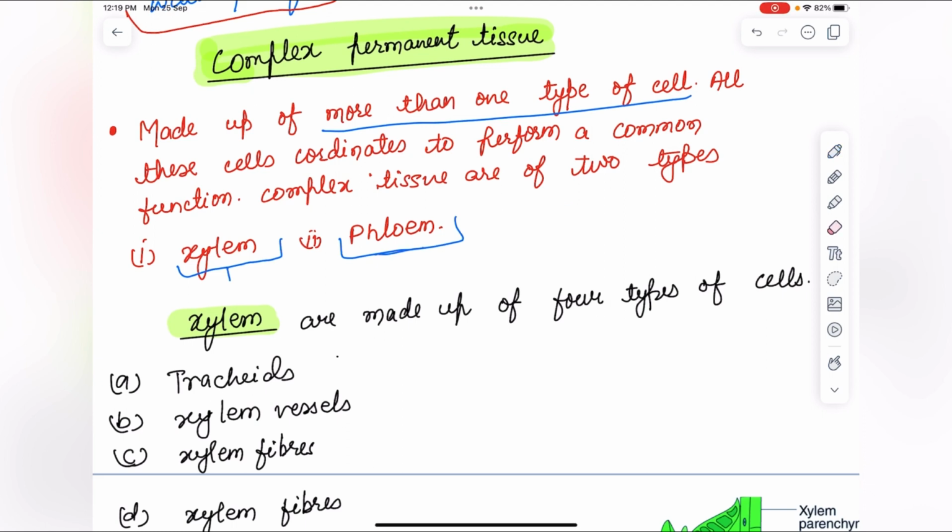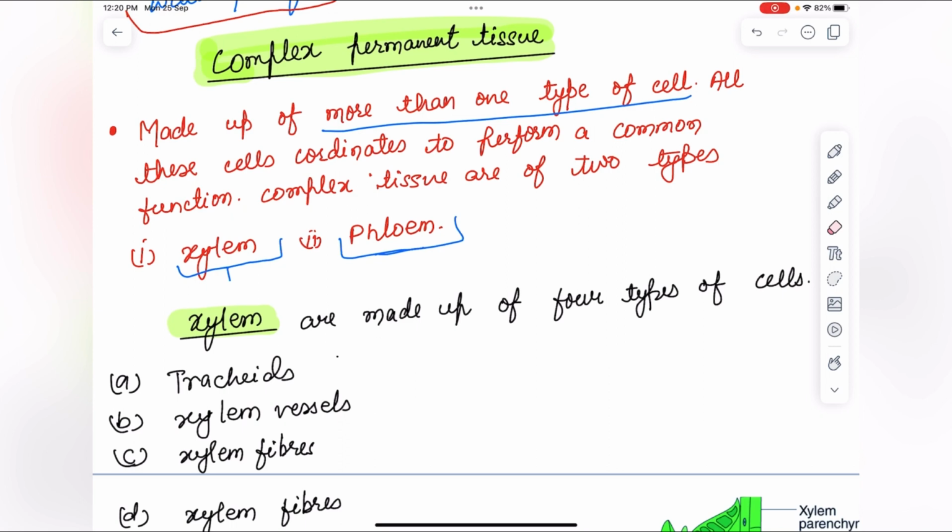Xylem is made up of four different types of cells. Now, xylem and phloem both are called conducting tissues. They help in the transportation of food, water, and minerals from one part to another part of the plant's body.